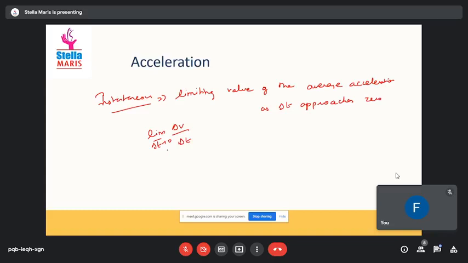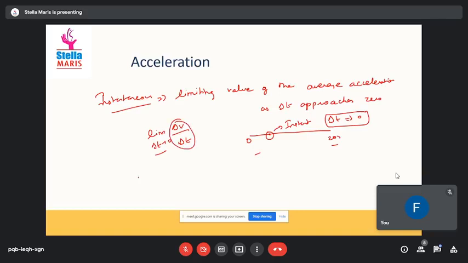You understand this? So why del t approaches 0? Because we are not calculating the time interval. We are just concerned with that time, that instant. So del t, the time interval, becomes 0. So for that we are applying limit as del t approaches 0 to average acceleration.